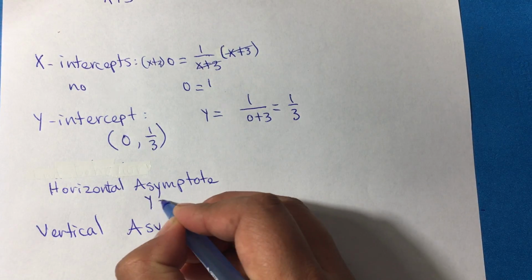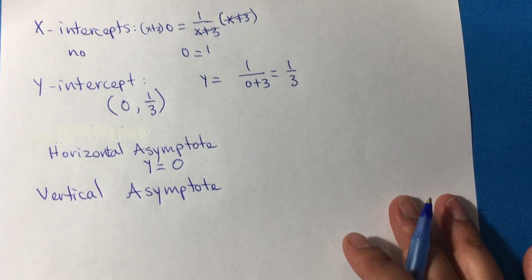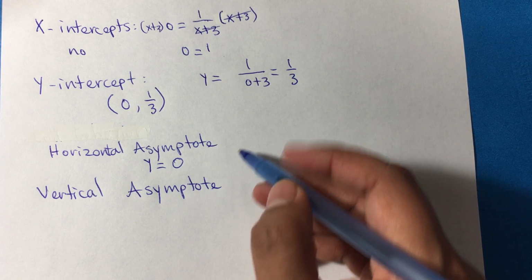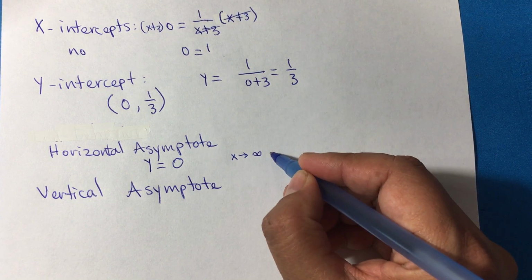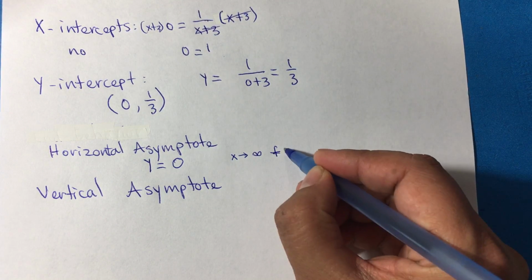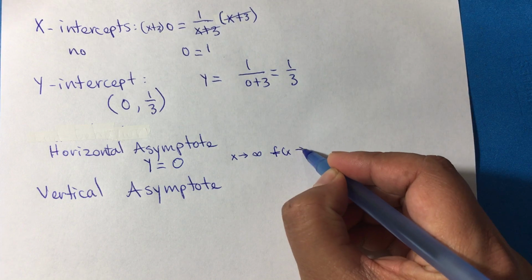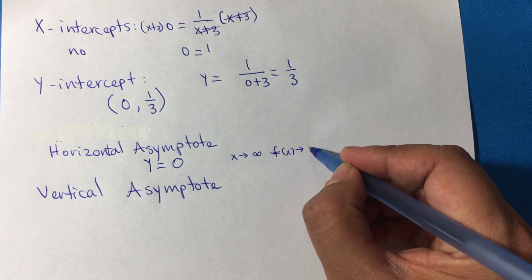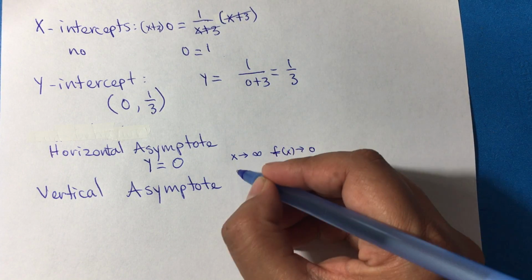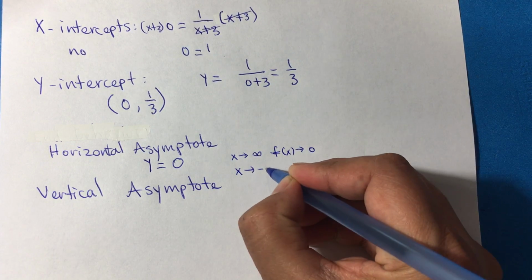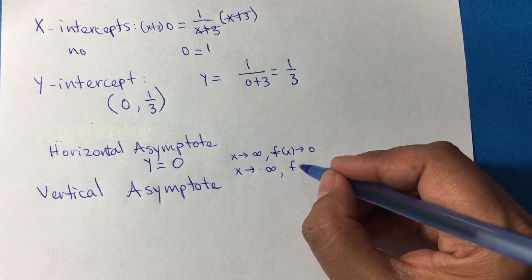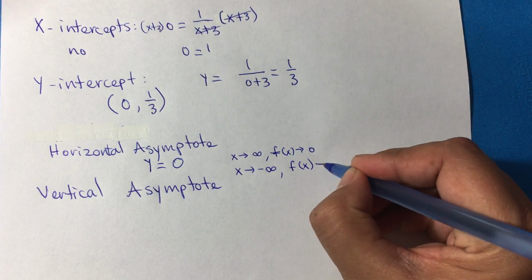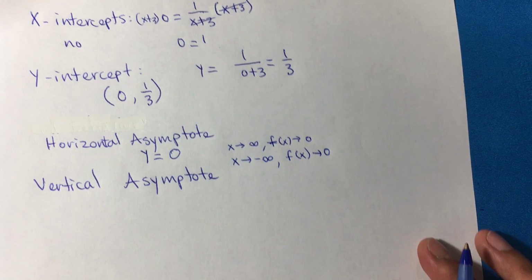It just means that as x approaches positive infinity, f of x, or y, will go to 0. And the same for the negative. When it approaches negative infinity, the end behavior, or f of x, is going to approach 0 as well.